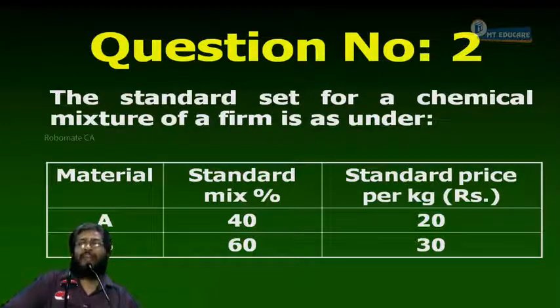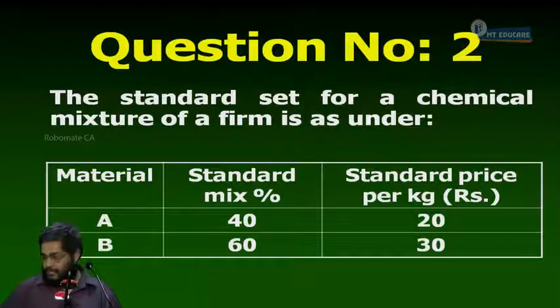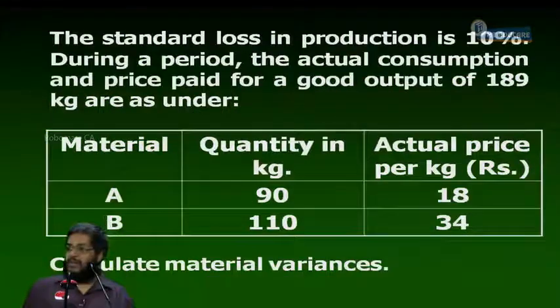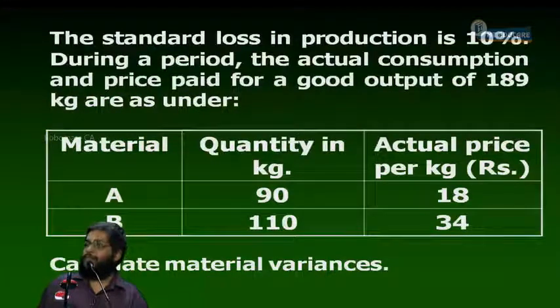Standard set for a chemical mixture of a firm is as under. A, B: 40%, 60% standard mix, standard price per kg 20, 30. The standard loss in production is 10%.